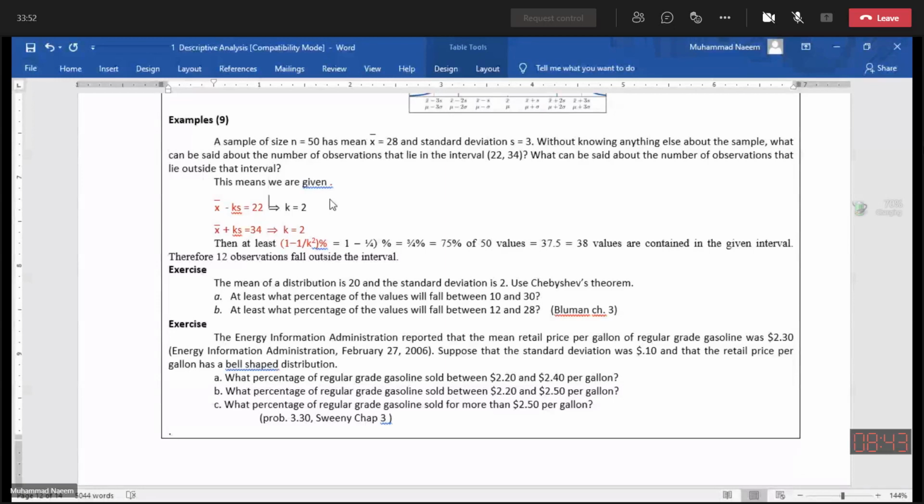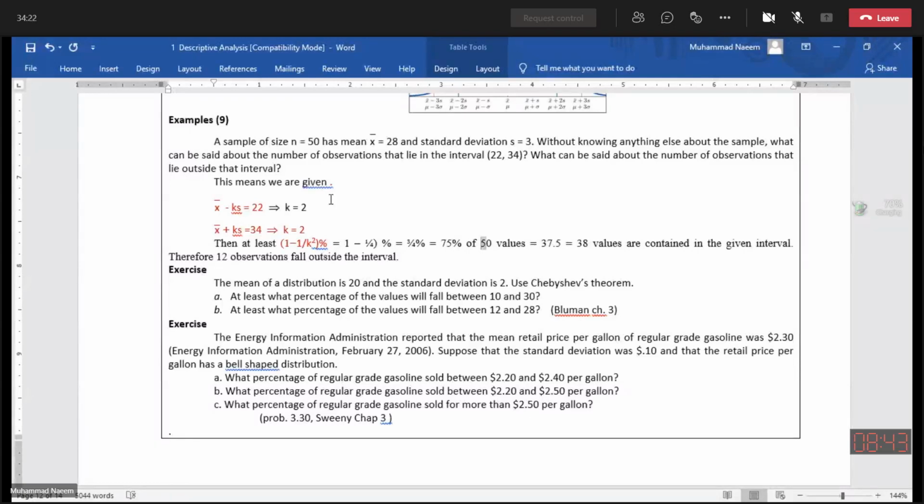As we are getting k is equal to 2, 1 minus 1 over k square is 1 minus 1 over 4, which is 3 by 4, and 3 by 4 means 75% of the data values.